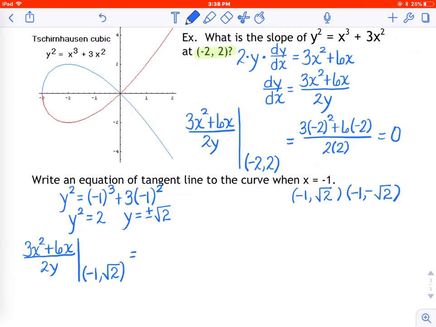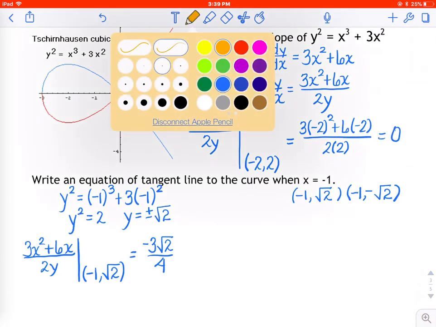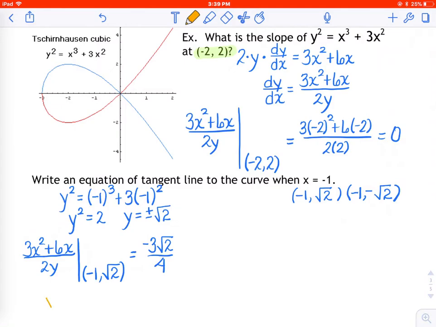And when you plug all that in and do a little bit of simplifying, and take the time to do that so you see where this comes from, and cleaning up, I got a radical out of the denominator and everything. That was the slope I came up with at that ordered pair. So then my tangent at that particular point should be y minus square root of 2 is negative 3 root 2 over 4 times the quantity x plus 1.